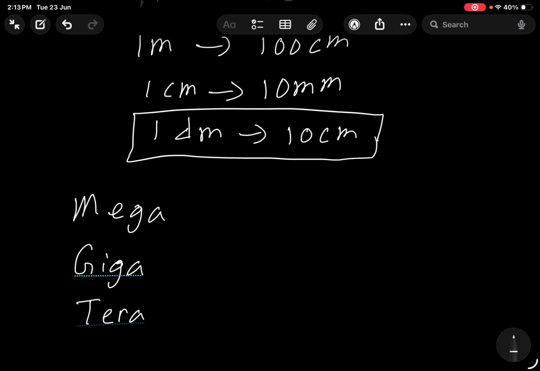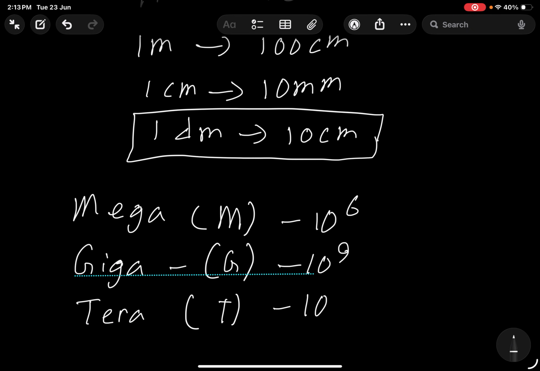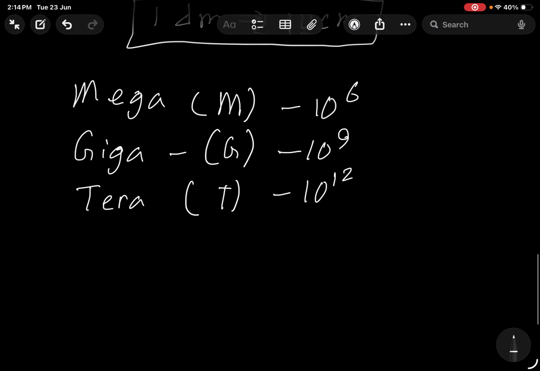You can see all of them have their symbols as capital letters: M, G, and T. So 1 mega is 10 to the power 6, giga is 10 to the power 9, tera is 10 to the power 12. So say 1 megahertz is 10 to the power 6 hertz, 1 gigahertz is 10 to the power 9 hertz, terahertz is 10 to the power 12 hertz.